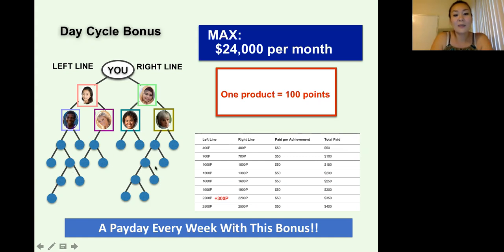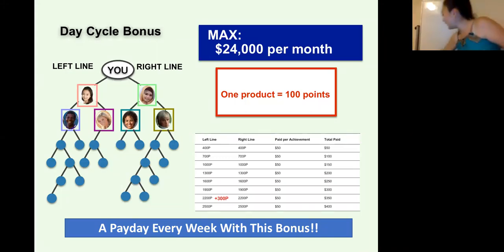Okay. And this, I just explained based on the number of people in your organization. But there is another way to receive income. So for example, this is you. Can you see? Okay.